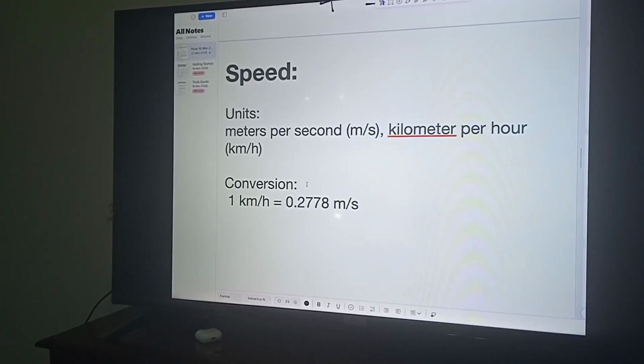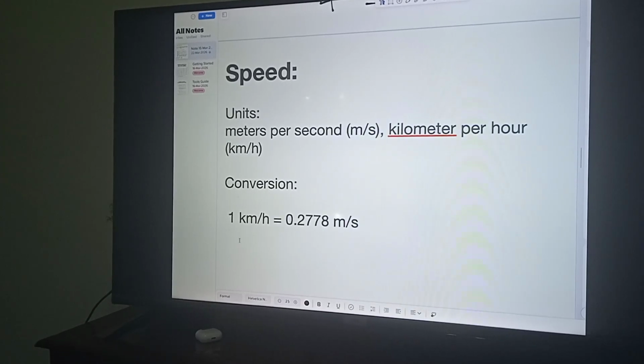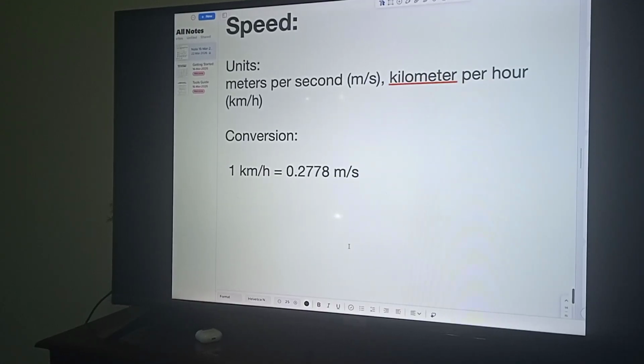You can convert 1 kilometer per hour to meter per second.